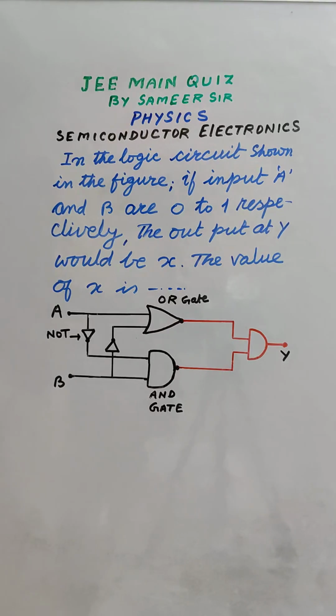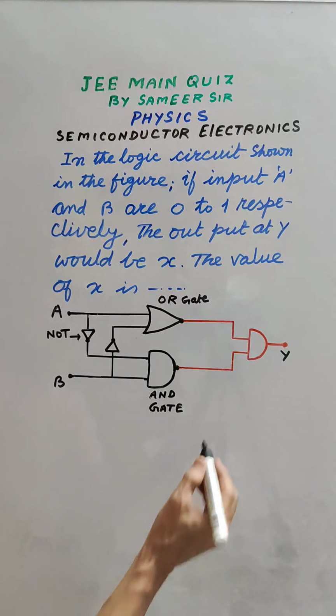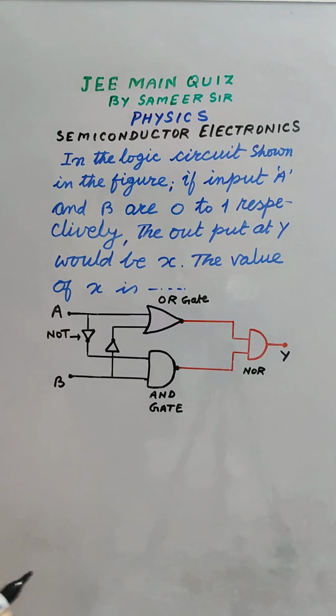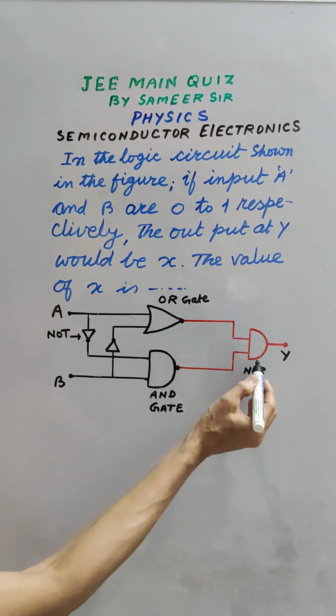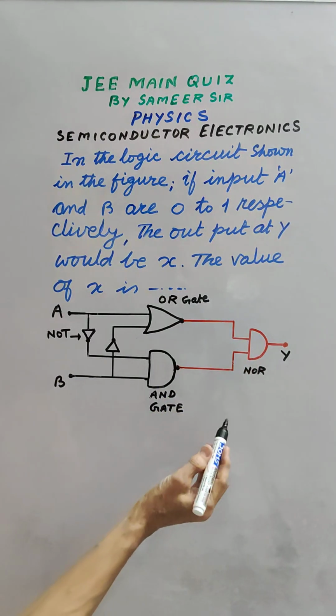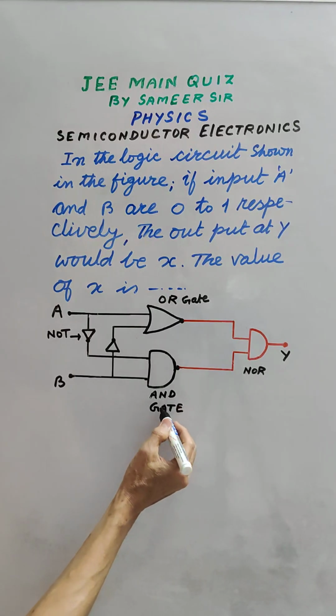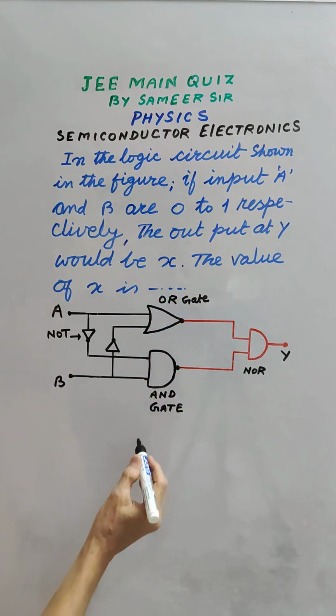It flips 0 to 1 and 1 to 0. And this is NOR gate, and this gate combines the signal from NOR and AND gate, these two gates.